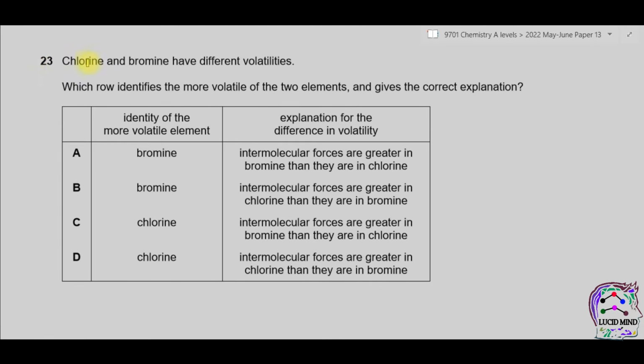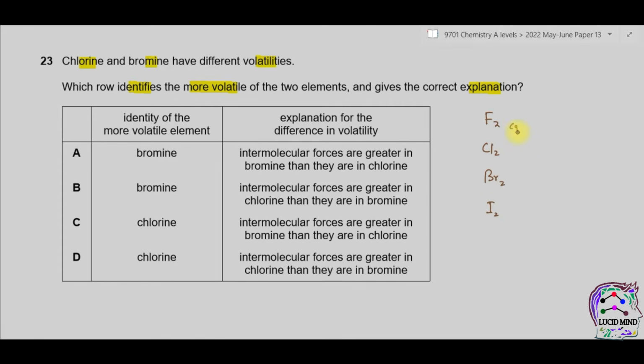Question number 23. Chlorine and bromine have different volatilities. Which row identifies the more volatile of the two elements and gives the correct explanation? We have bromine and chlorine. In group 7 of the periodic table we have fluorine, chlorine, bromine and iodine.